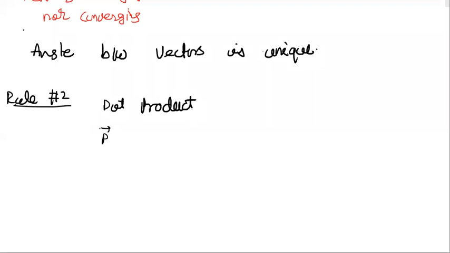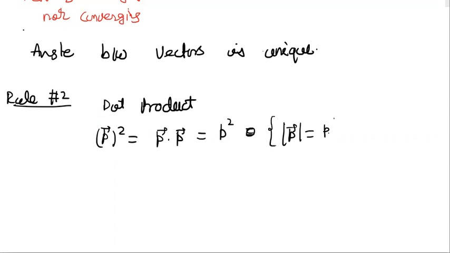If you square a vector, this is not a cross product, this is basically a dot product, and it will be written as p square, where mod p is equal to p. So squaring a vector, you get the square of the magnitude. This is very important.